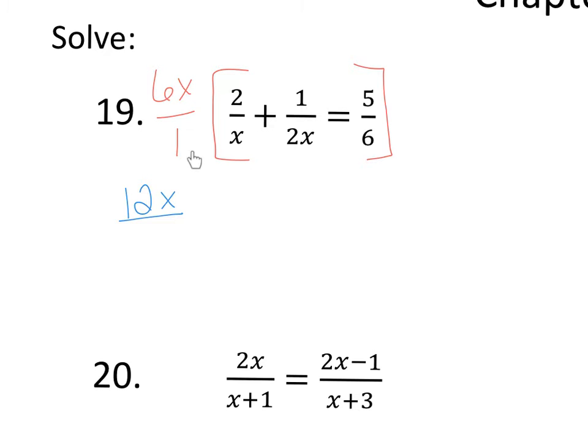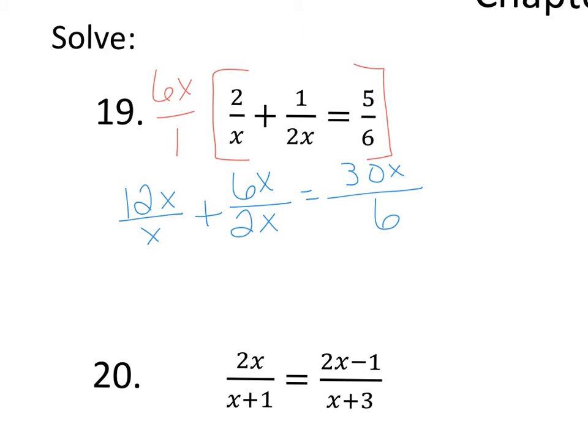And in the denominator, 1 times x is x, plus 6x times 1 over 1 times 2x equals 6x times 5 is 30x over 1 times 6.